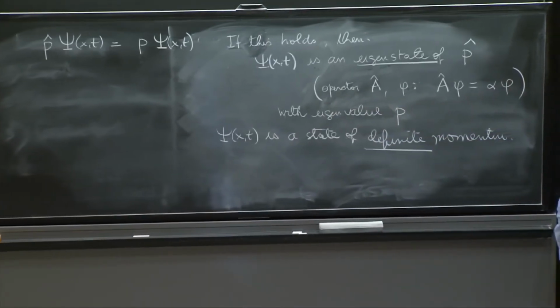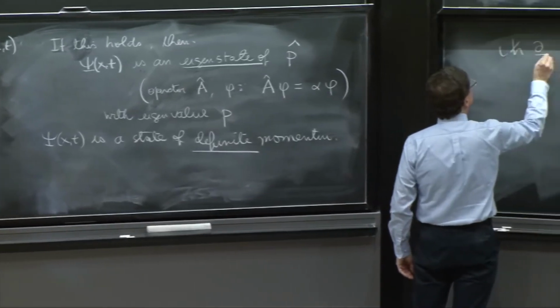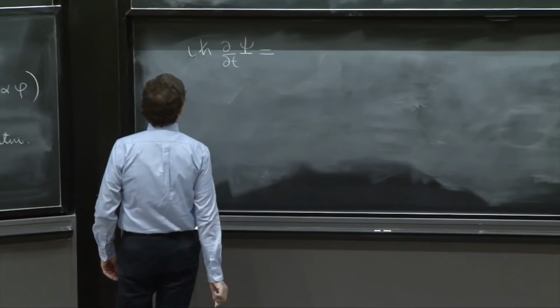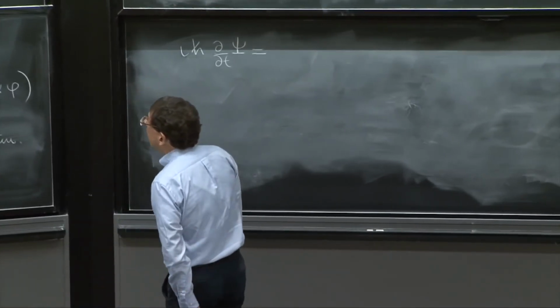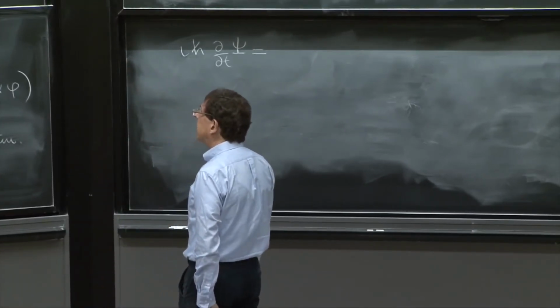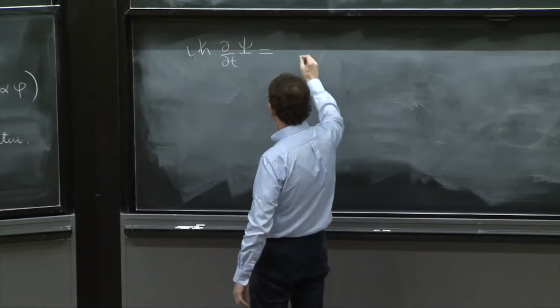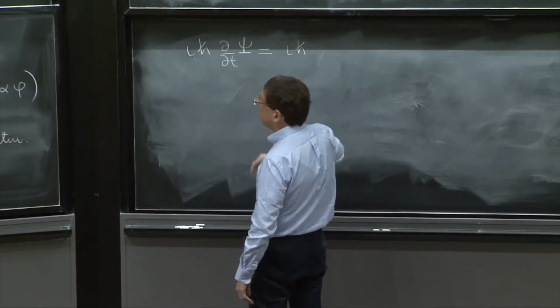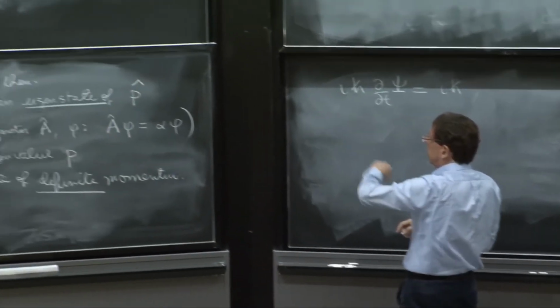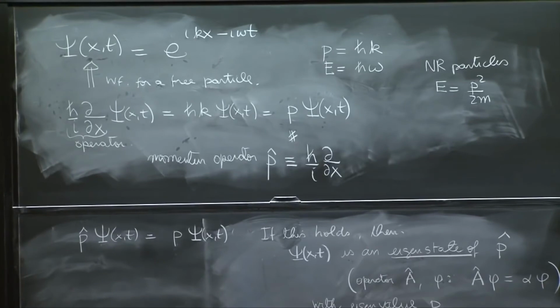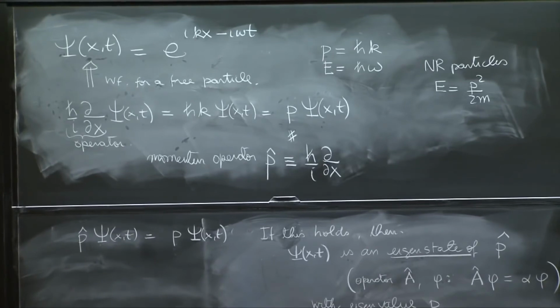We can do i h bar d/dt of psi. And if we have that, we'll take the derivative. Now, this time we'll have i h bar, and when we differentiate that wave function with respect to time, we get minus i omega times the wave function.